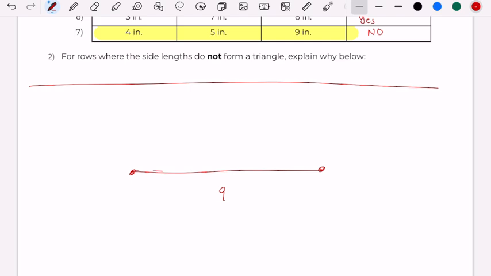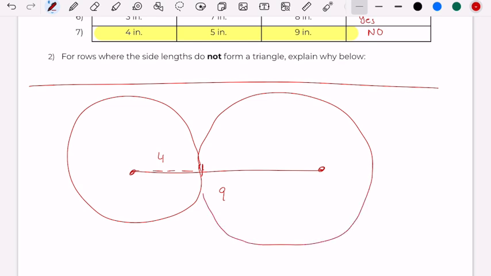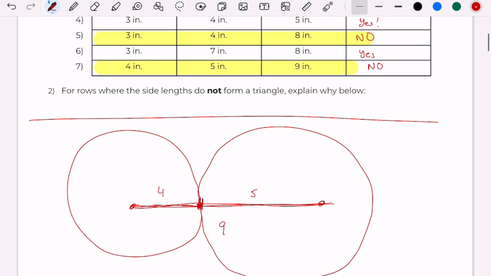If I draw the circle of 4 and the circle of 5, they are tangent, and they are tangent at this point. So these three lengths do not create a triangle. So the two sides should be greater than the other side so that you can create a triangle.